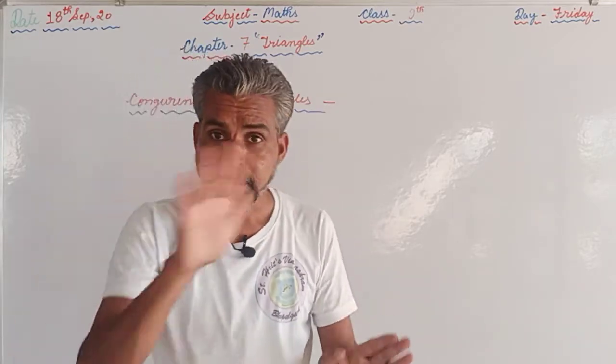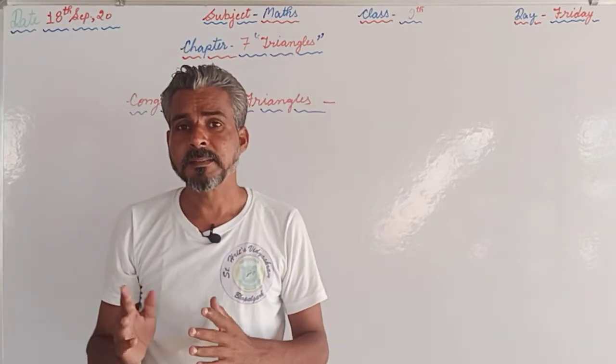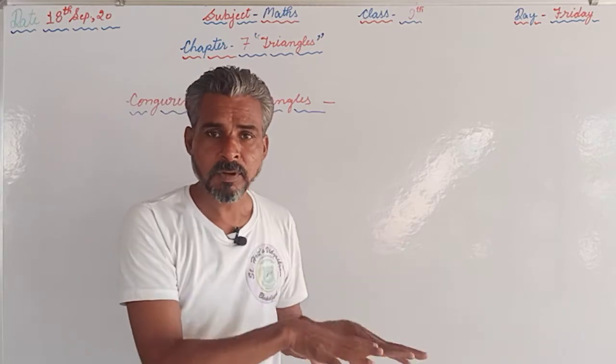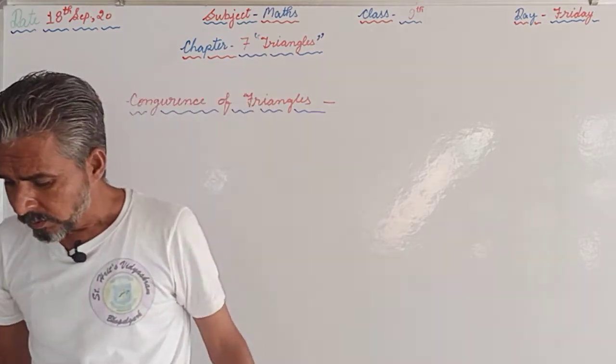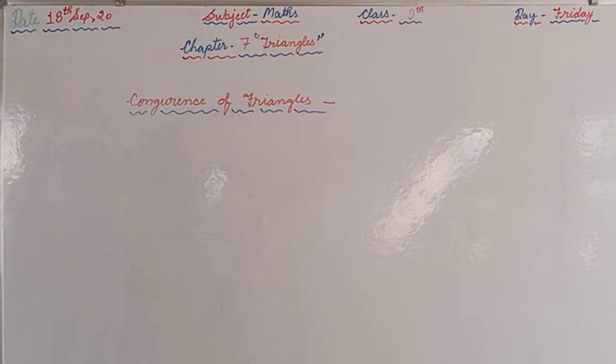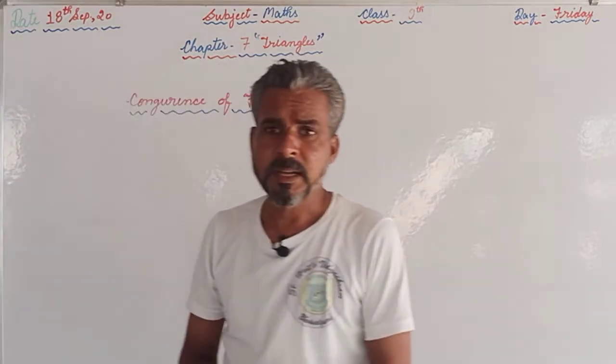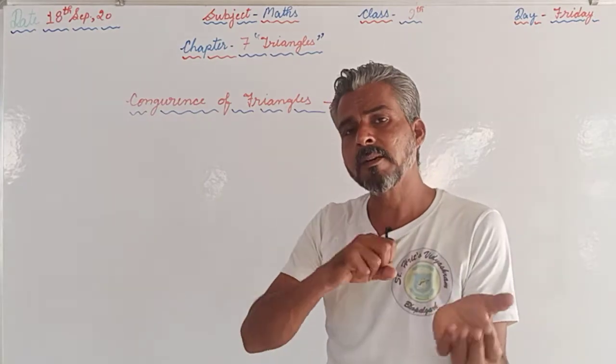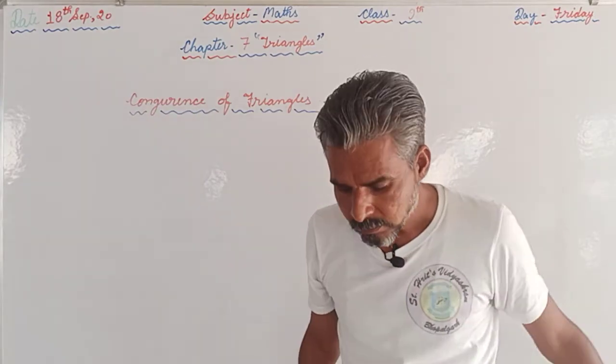Identical twins means same in all aspects, then we can say the figures are congruent, otherwise the figures are not congruent. But in this chapter we are not supposed to deal with all kinds of figures. We are supposed to see the congruency related to triangles only.